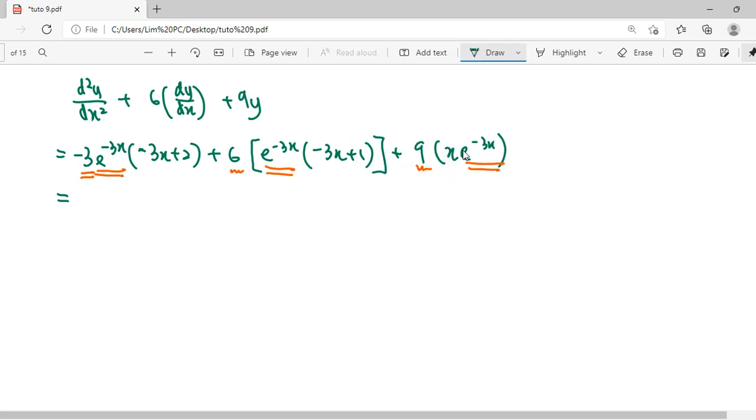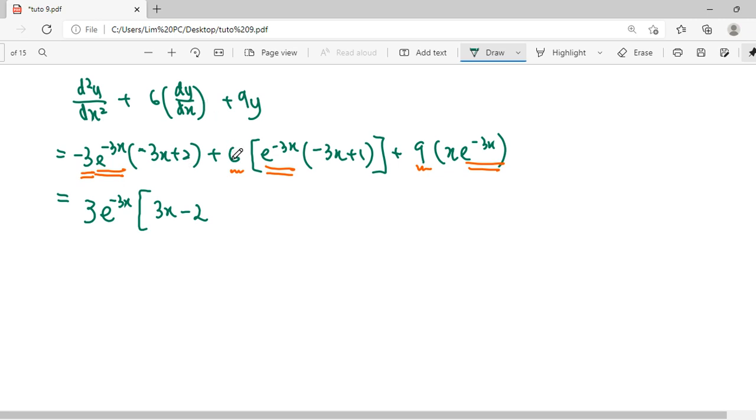So we are going to factorize out 3e^(-3x). After we take out this factor 3e^(-3x), what is remaining? We have a negative here, so negative times this will become positive, then negative times 2 becomes negative 2.